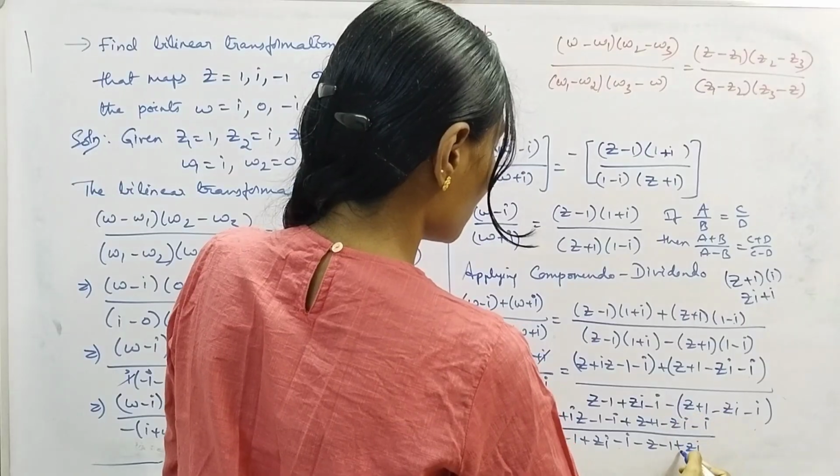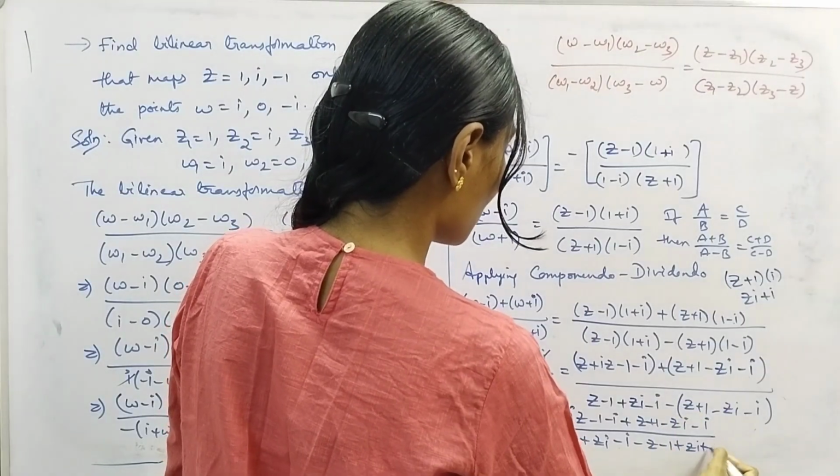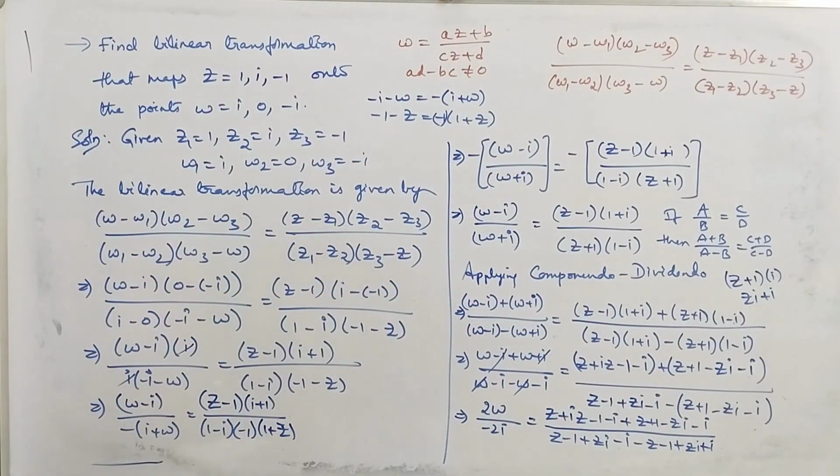See, minus into minus is plus, right? You'll get zi. Minus into minus is plus I. Okay, fine.